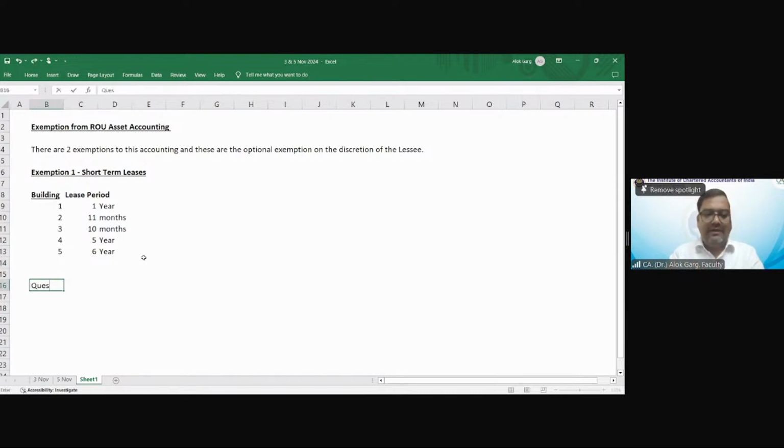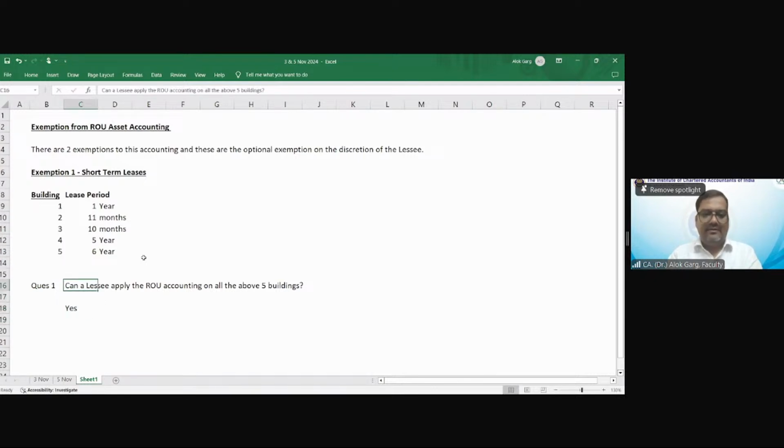Question 1. Can a lessee apply the ROU accounting on all the above 5 buildings? What is your answer? Answer is yes.